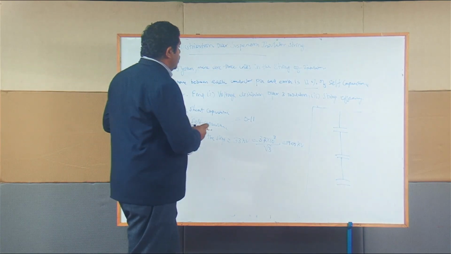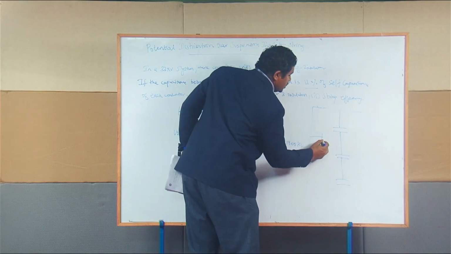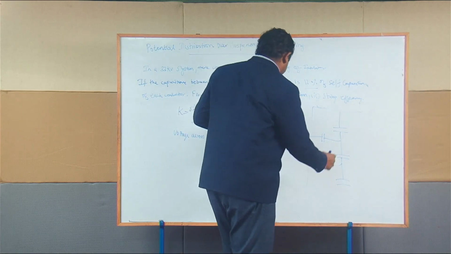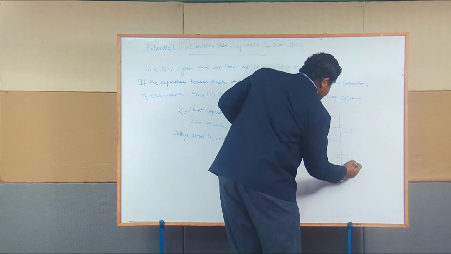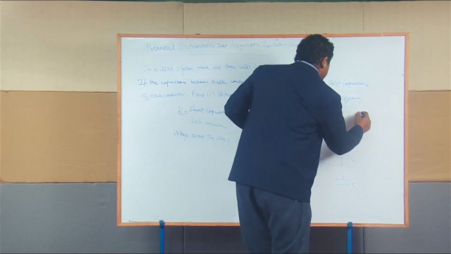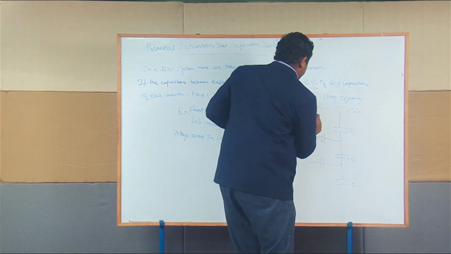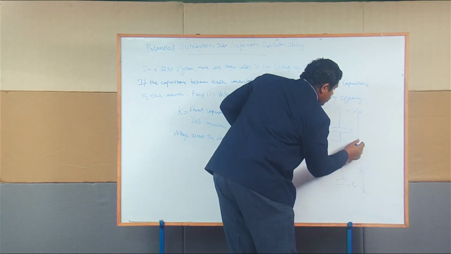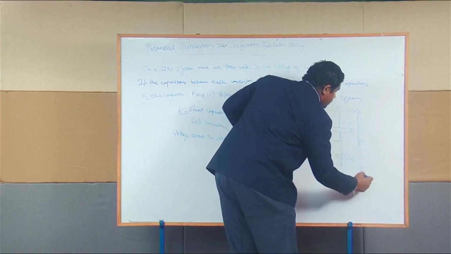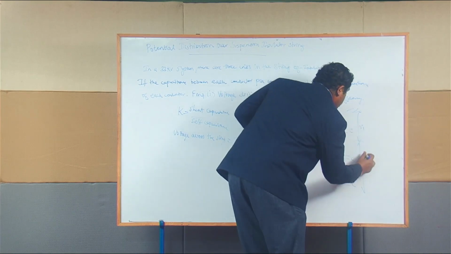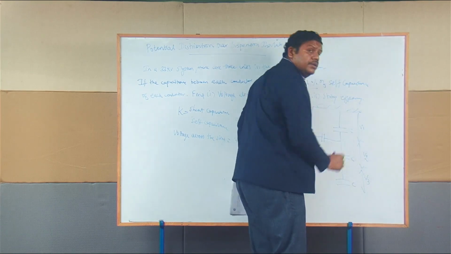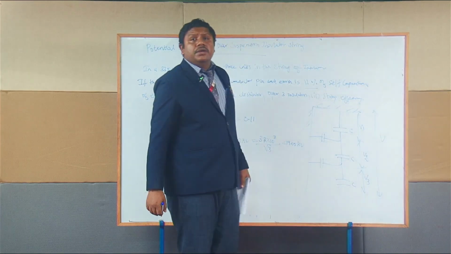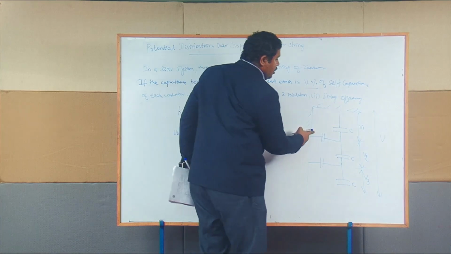Next thing is, you have to consider the effect of shunt capacitance. So self capacitance is named as C, and voltage distribution across each string is V1, V2, V3, and this is the total voltage V. So what is the effect of shunt capacitance?